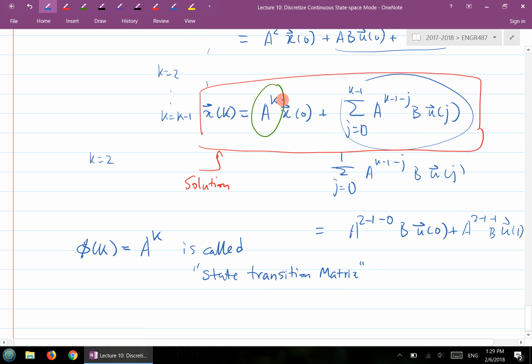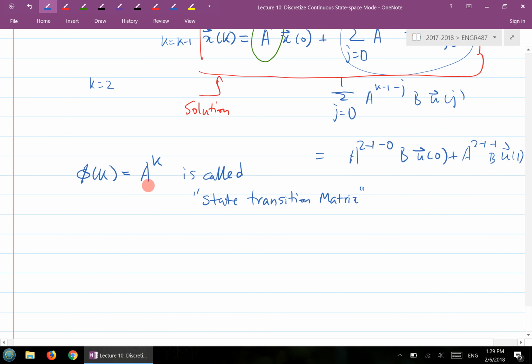In order for that to be realized, the conclusion will tell you the eigenvalues of A have to be within the unit circle. So that's the idea why we want to study this state transition matrix here. This A to the power k is a state transition matrix.